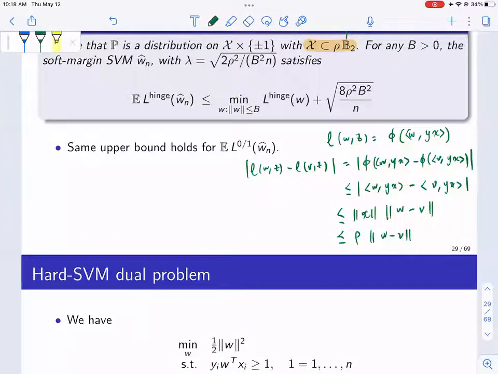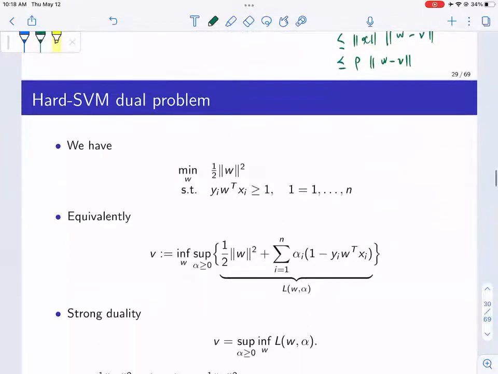Questions? Okay, so now I want to wrap up the discussion of SVM. We have some good understanding of the performance of the hard and soft margin SVMs.